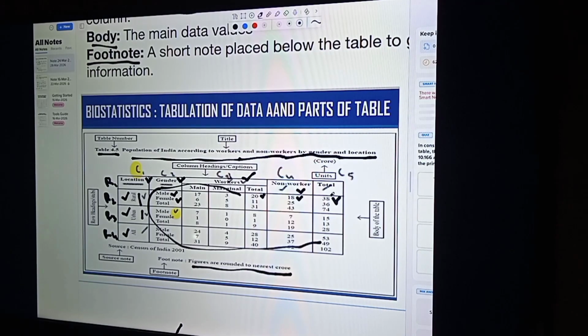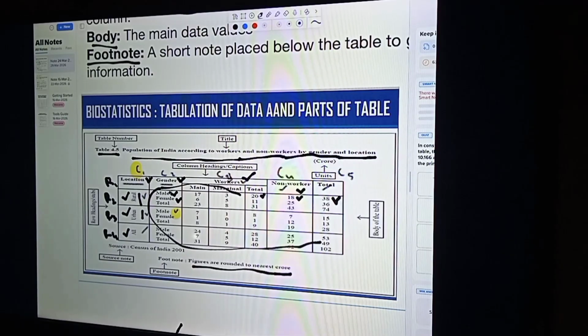Total population of 38 crore of a particular country. In this 38 crore, 18 are non-workers and 20 are workers, and this is all about males. Similarly, the female total population is 36, and out of this 36, 25 females are non-workers and 11 are workers.